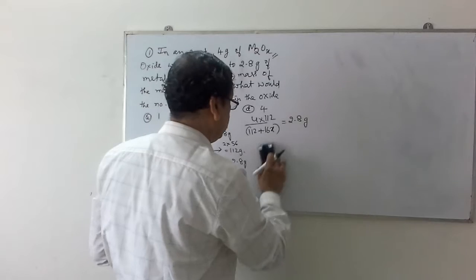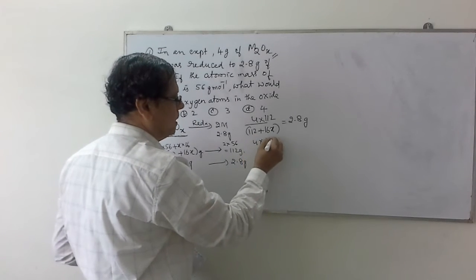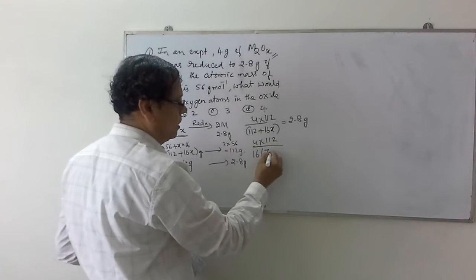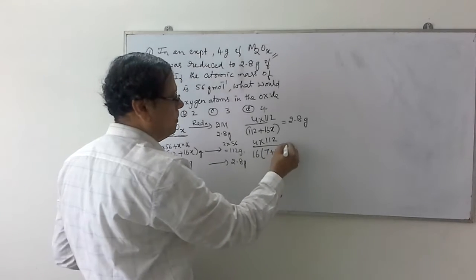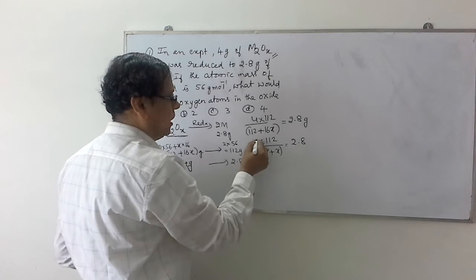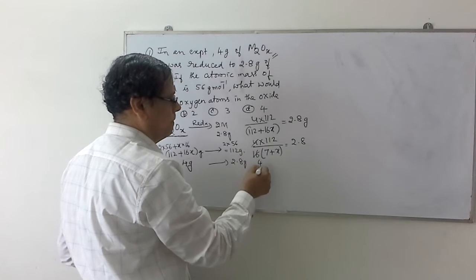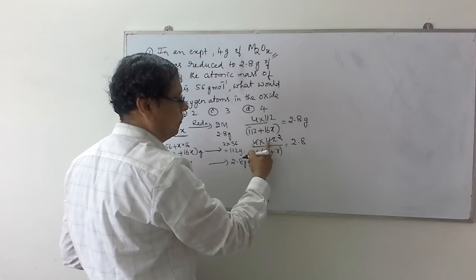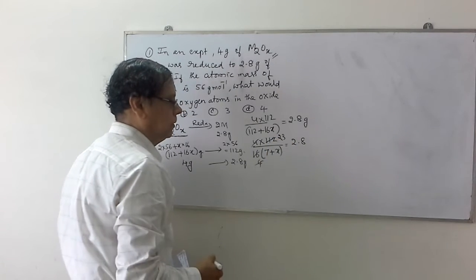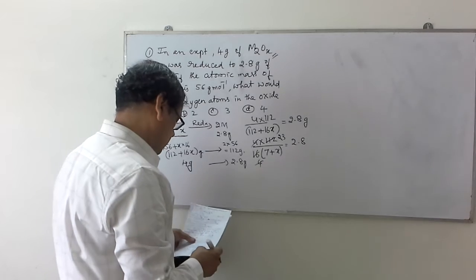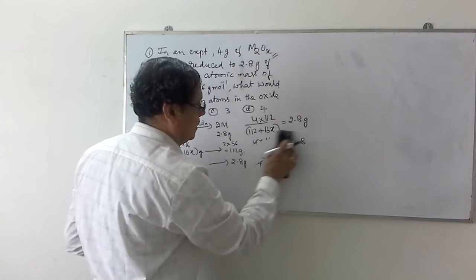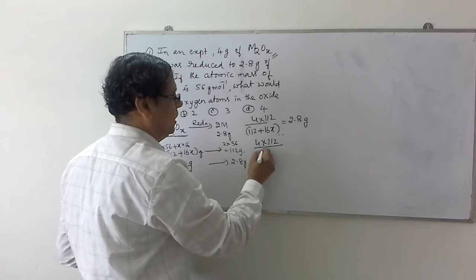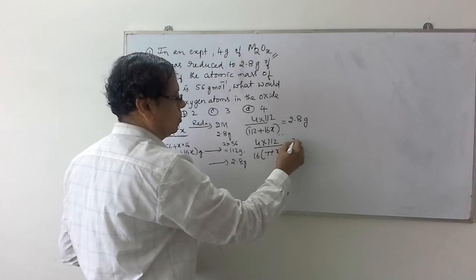We can simplify in another way. In 4 into 112 divided by 112 plus 16X, 16 is common here: 16 into 7 plus X is equal to 2.8. Again, 4 into 112 divided by 16 into 7 plus X is equal to 2.8.